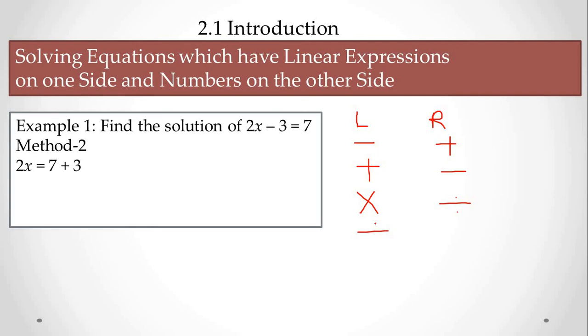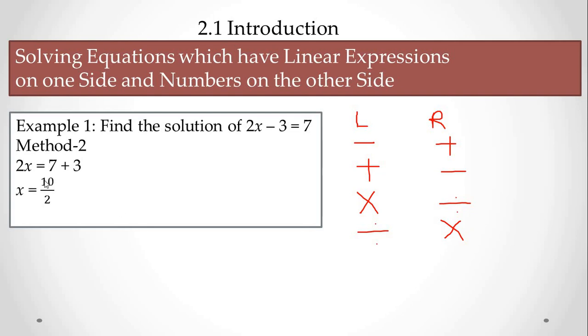If we have division on the left hand side, it will become multiplication. So again I revise: minus into plus, plus into minus, multiplication into division, division into multiplication. This concept we will use here.